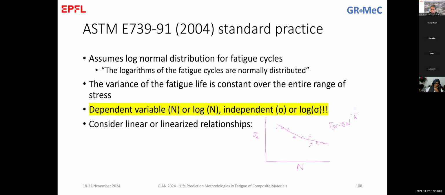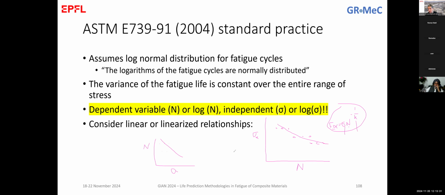So what we have to do to get the correct value is to plot number of cycles against stress, plot the data in this format, and then fit a curve. This curve should then be inverted to give the final equation, so as to define the requested model parameters.